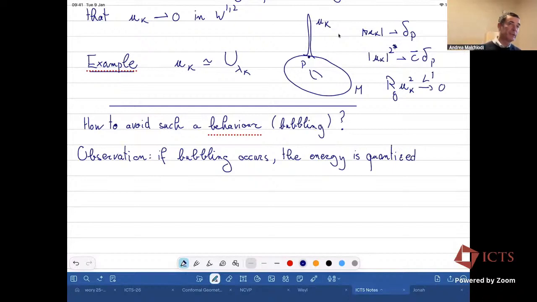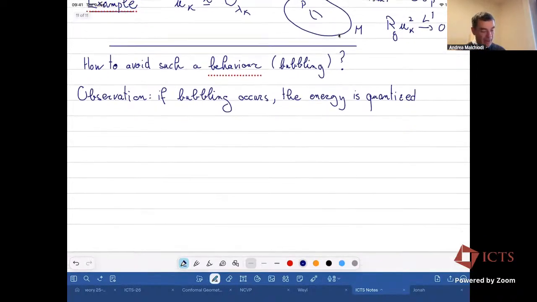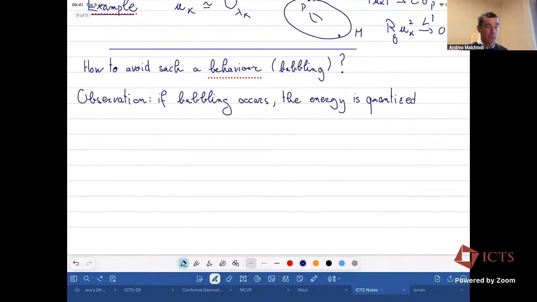You can prove that there must be at least some value, depending on the dimension, in which the energy has to accumulate. Okay, so Aubin derived a criterion to avoid this kind of behavior.